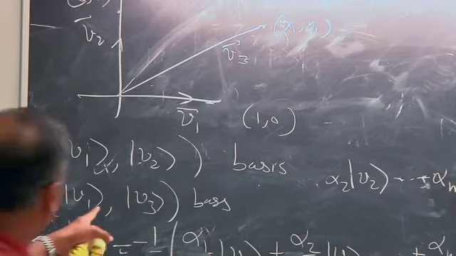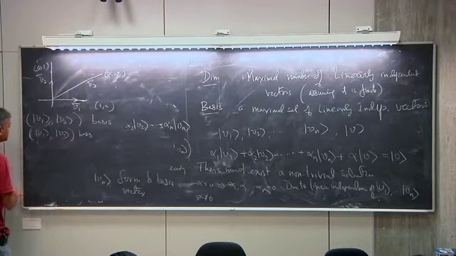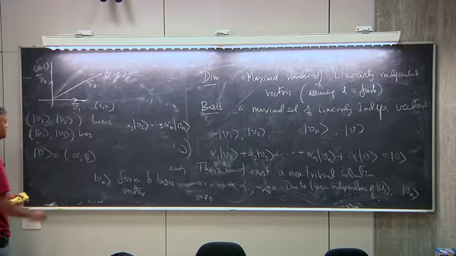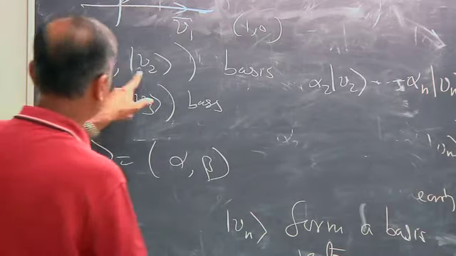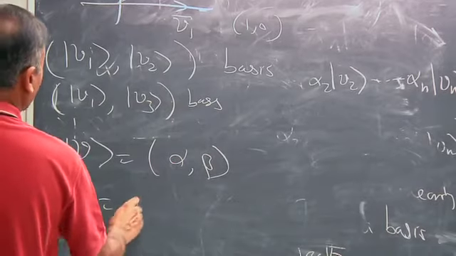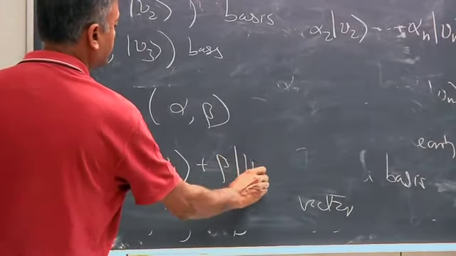For example, let's say I take an arbitrary vector v, which is, say, alpha beta. The two components are alpha and beta. Then if I choose this as my basis, I can write v as alpha v1 plus beta v2, right?